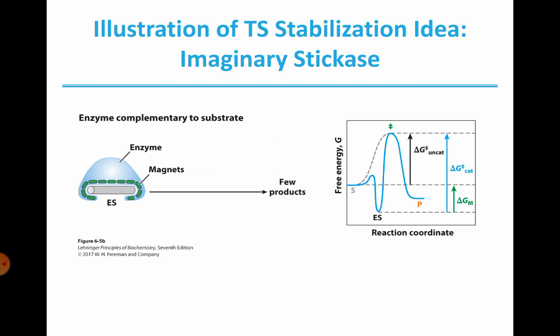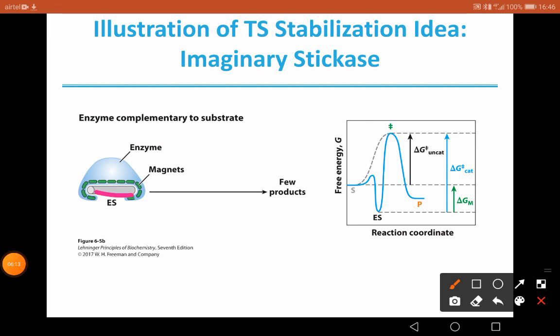In the presence of an enzyme, the enzyme is complementary to the substrate. So our substrate, which is like a stick model, is bound by an enzyme, like magnets, and then the substrate is getting converted into products, and the energy of activation is quite less.